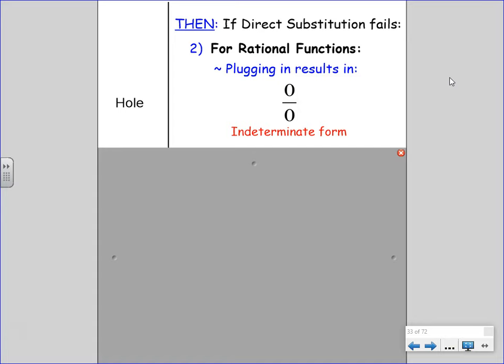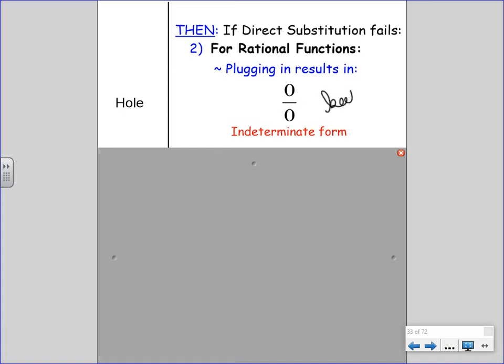What if direct substitution fails? Sometimes. But what are you looking at right now? When you plug in, if you get 0 over 0, then you keep going. 0 over 0 points to keep going.